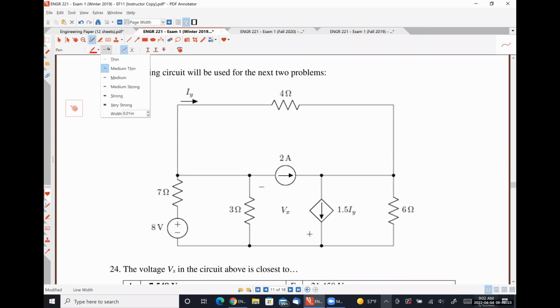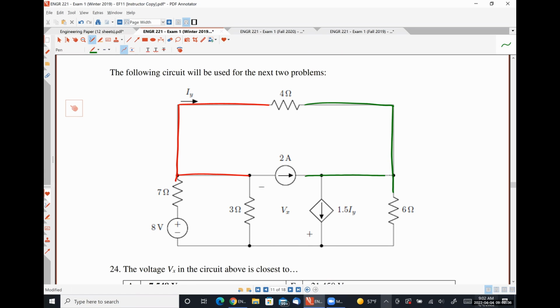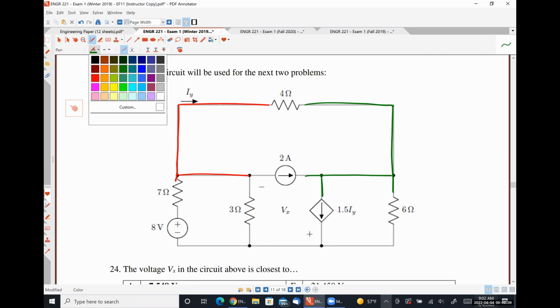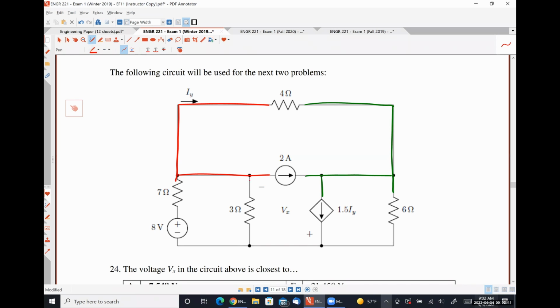I'm going to identify the nodes. That's 1. That's 2. Actually, I should have drawn this one better. The one that you probably are missing is this node right here between the 7 ohm resistor and the 8 volt source, and this one down here.